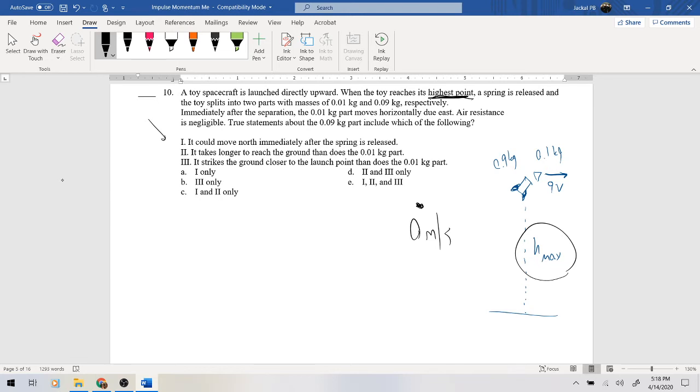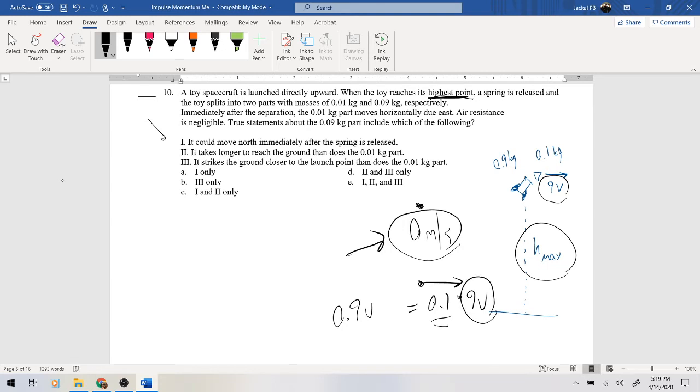So what does that mean? Initial momentum of the system is just 0. Afterwards, the 0.1 piece is moving to the right with some speed, which I'd like to call 9v, because due to conservation of momentum, total momentum must be 0. So if the piece moving to the right has 0.1 mass, then the other piece that has 0.9 mass should have 1/9 of the speed, so that total momentum is still 0.